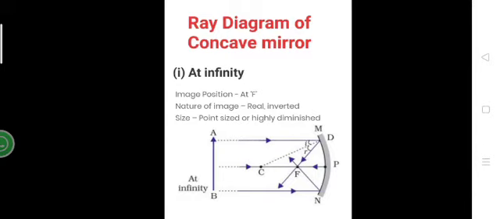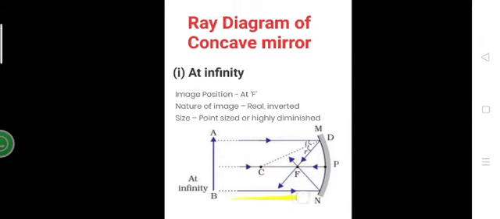So now we are talking about ray diagrams of concave mirror. Concave mirror is also known as converging mirror. So here the first case is when the object is placed at infinity. We all know that when the object is at infinity, the rays coming from the object must be parallel, and after reflection these parallel rays pass through the focus.